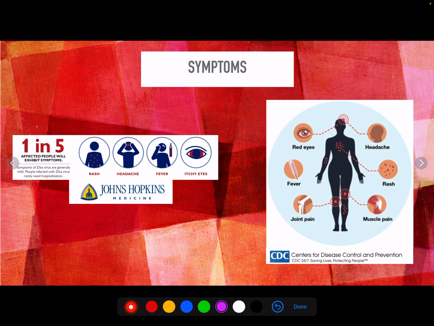Here's an example of a section from a pamphlet from Johns Hopkins that gives an idea of what symptoms patients might have: rash, headache, fever, itchy red eyes, muscle pain, like body pain.